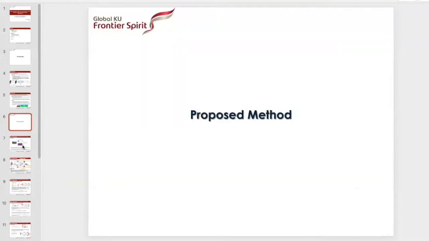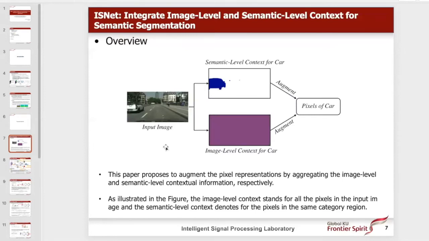So to overcome this problem, in this paper, the authors proposed to augment the pixel representations by aggregating the image level and semantic level contextual information respectively. And the main principle is shown in this figure. We can see that there is a semantic level context for the car.